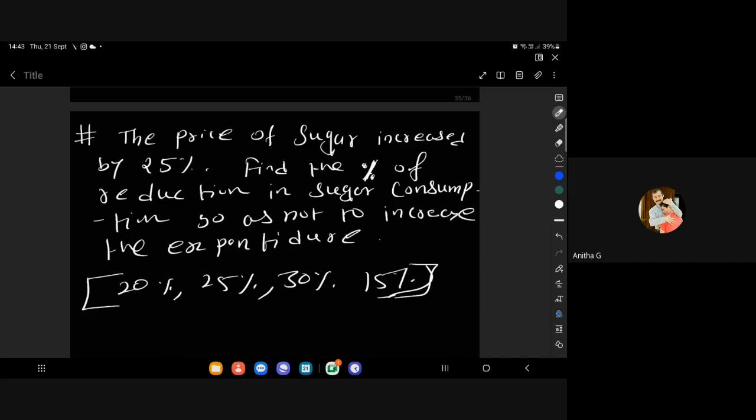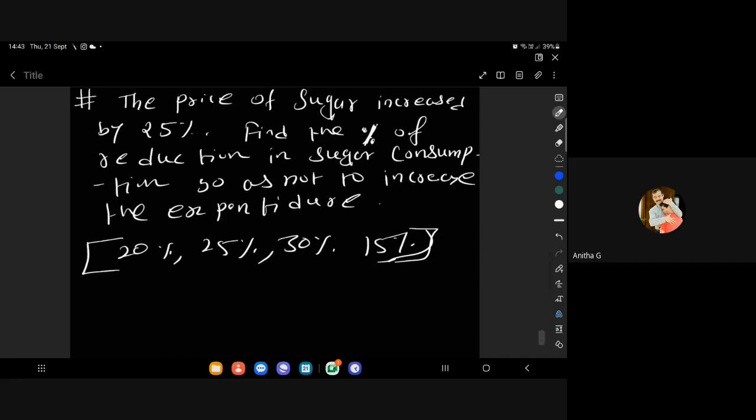Means you will not spend more than 100 rupees on sugar. So how much percentage reduction you have to do in sugar consumption to keep your expenditure on sugar fixed? This was asked in 2021.